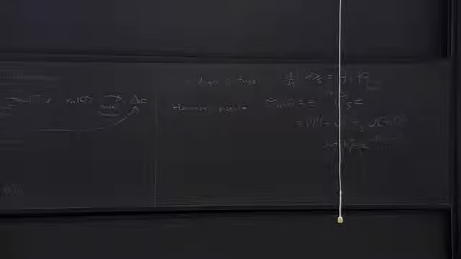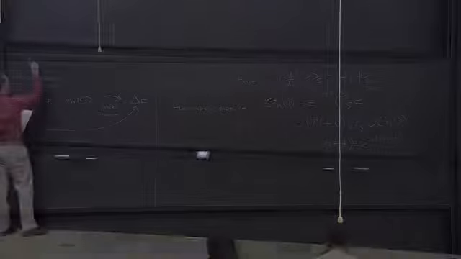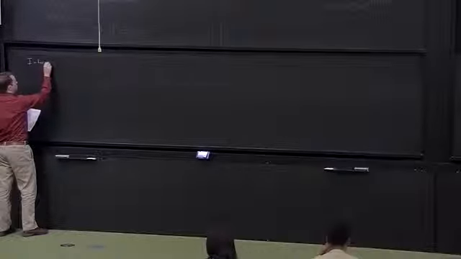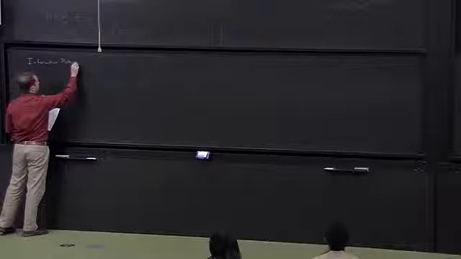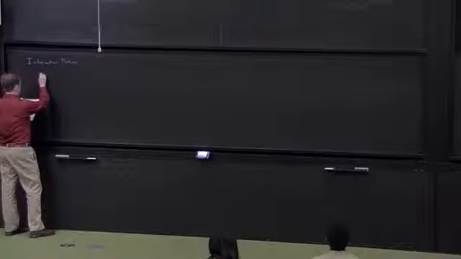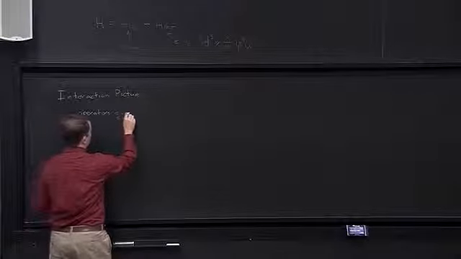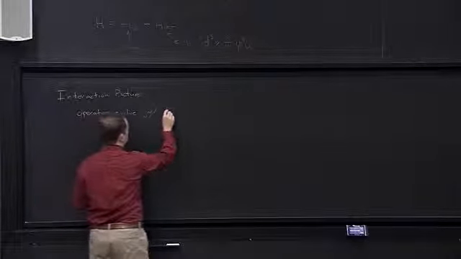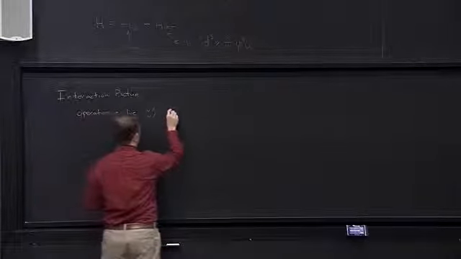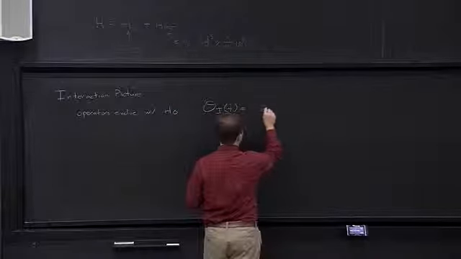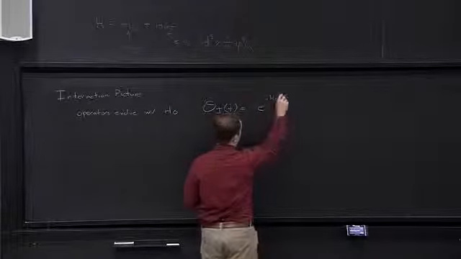So the interaction picture is a hybrid between the two. In the interaction picture, the operators evolve with the free Hamiltonian. So the operators in the interaction picture are related to the Schrodinger picture operators with the free Hamiltonian.